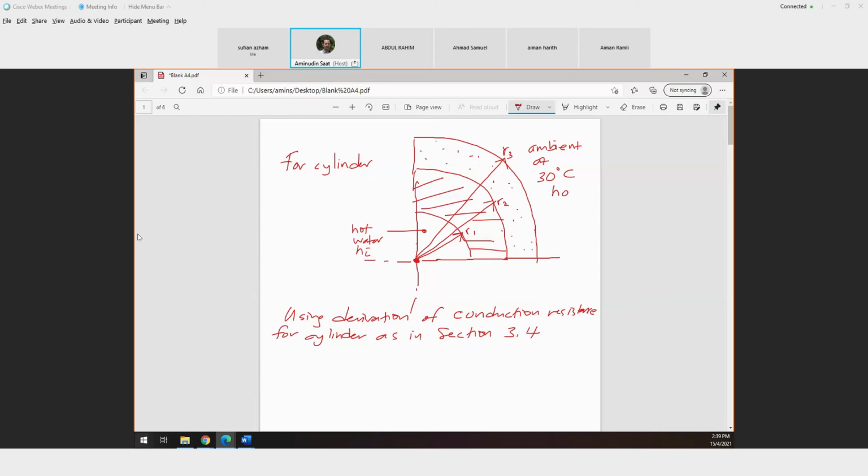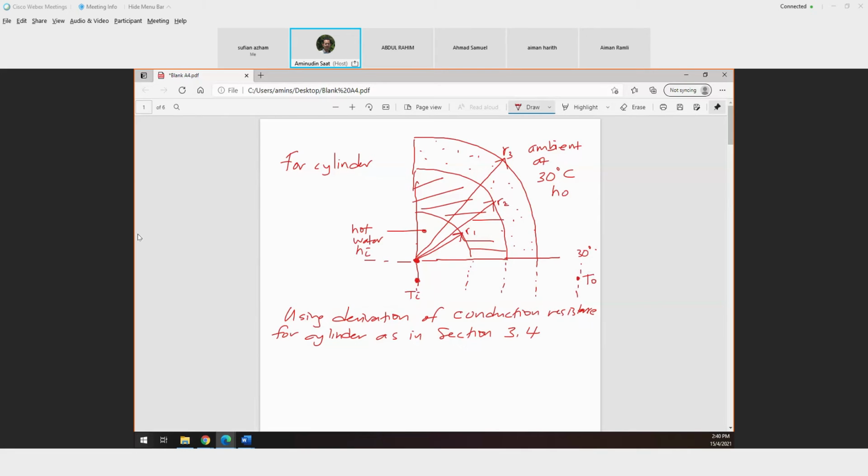So if you look at this particular section or problem, you may have, okay, if I can plot the resistance in terms of the thermal resistance, so if this is your temperature inside, and this is your temperature outside, T naught, which is at 30 degrees Celsius.